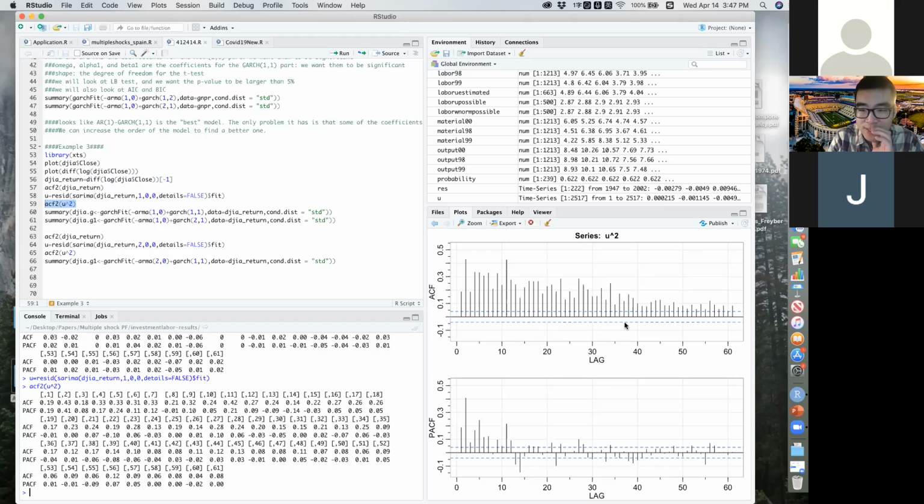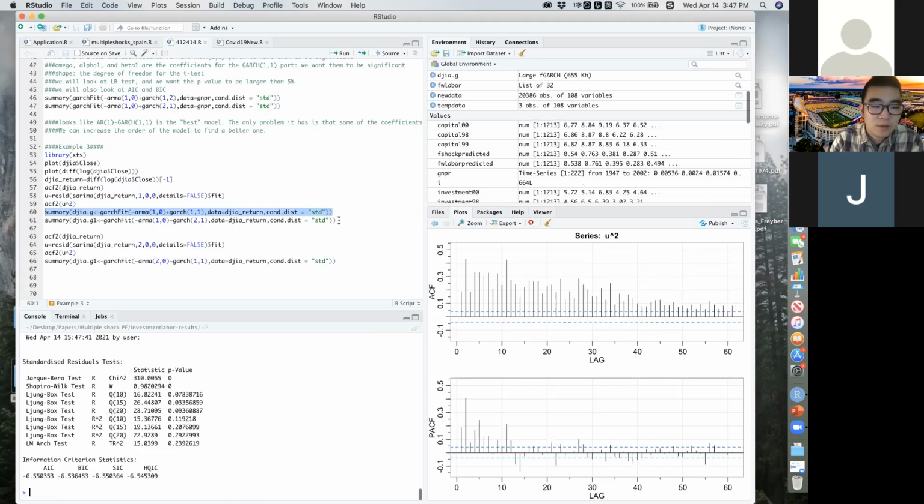If you increase the number of lags for the ACF, you will see that the lags would eventually go within the confidence interval. The PACF is easy to notice, it just tails off. So this suggests that we fit a GARCH(1,1) model to it. So the big model we fit is this AR(1) plus GARCH(1,1) model.